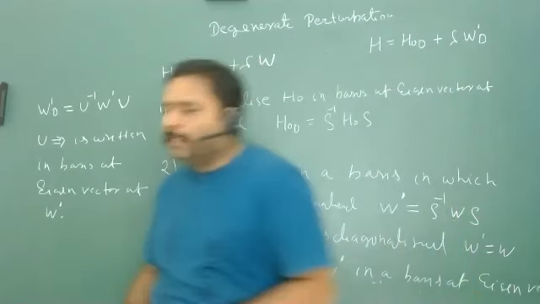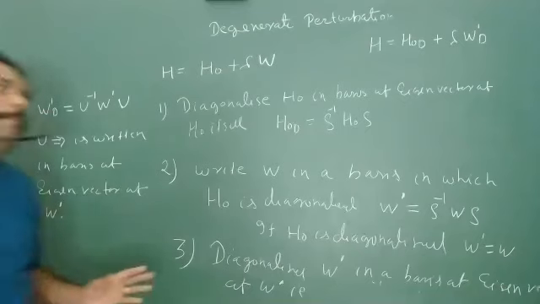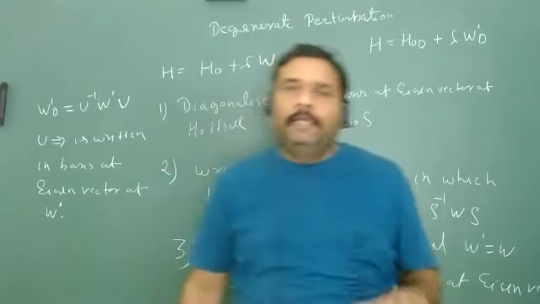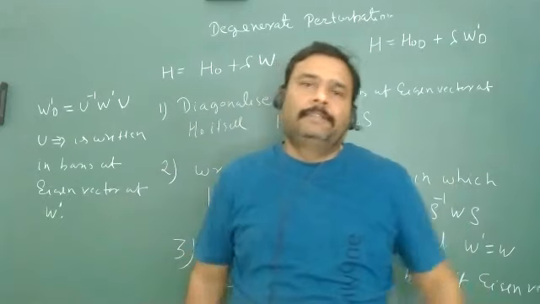Let me go for some examples, then you will see how we can go for different types of problems. We have three types of problems. The first problem is very trivial, where H naught is diagonalized and W dash is not diagonalized.